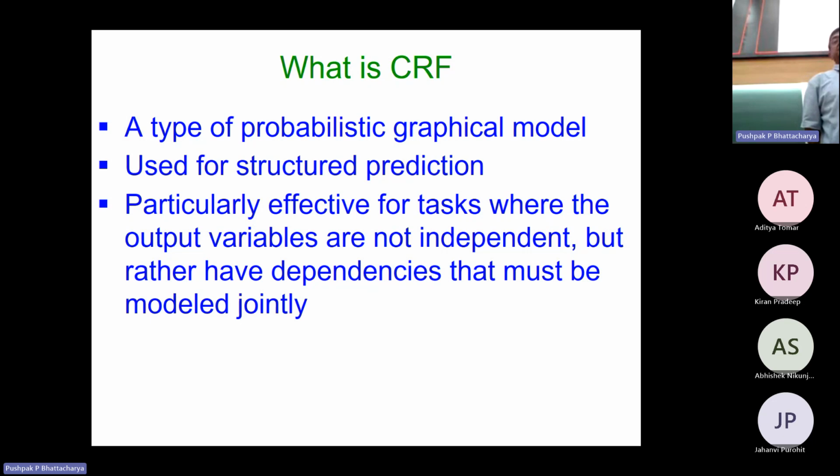CRFs are particularly effective for tasks where the output variables are not independent, but rather have dependencies that must be modeled jointly. You remember the assumption we made for part of speech tagging: the tag at any position depends on the previous K tags, and K is typically 2 or 3.